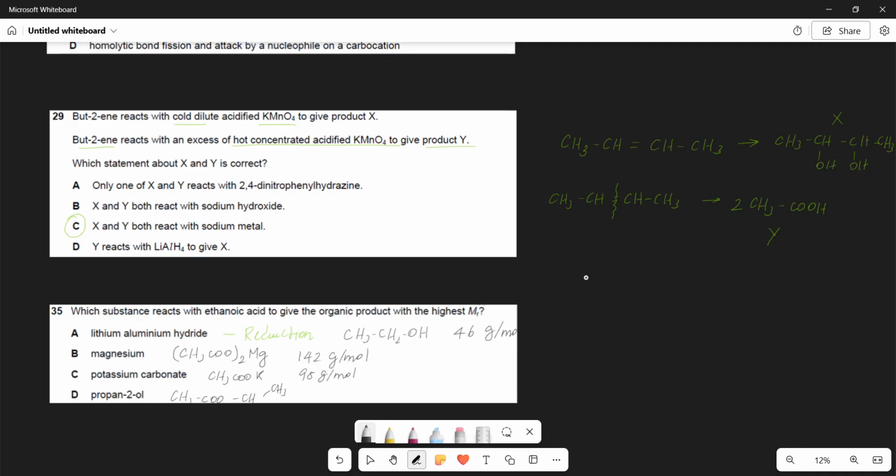If I consider the molecular mass, 5 carbons, 5 times 12, plus 10 hydrogens, plus 2 oxygen, 32. So I'm getting 102 grams per mole. So you can see B has the greater molecular mass. So that is the answer for question number 35.